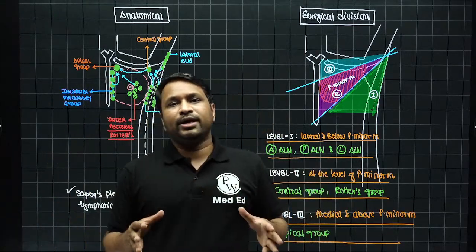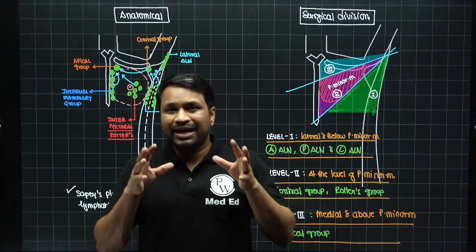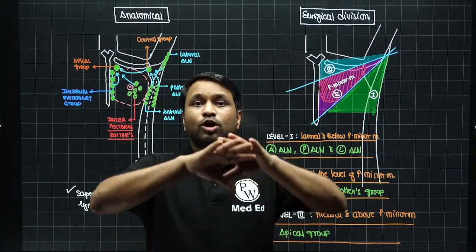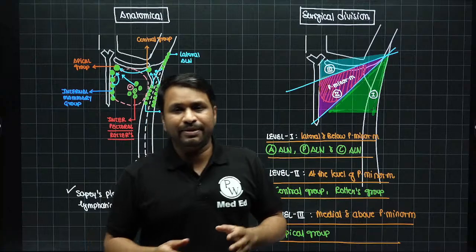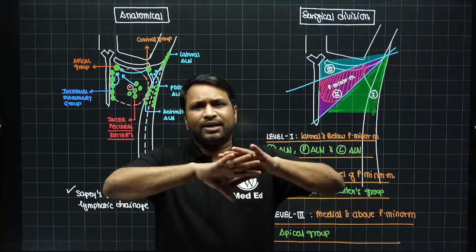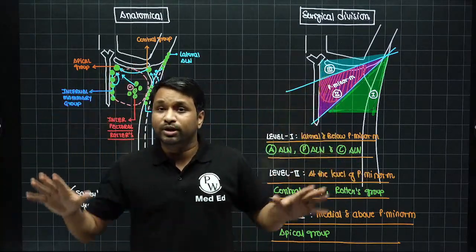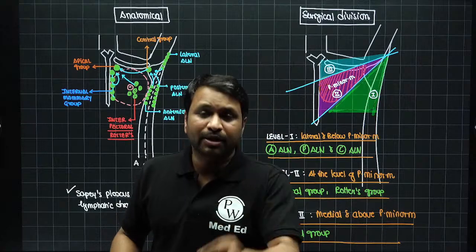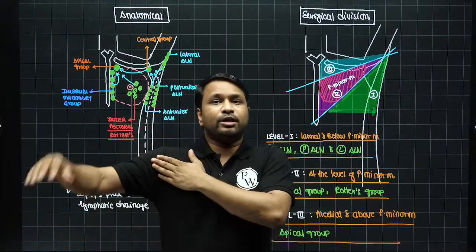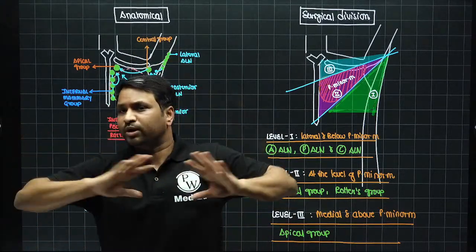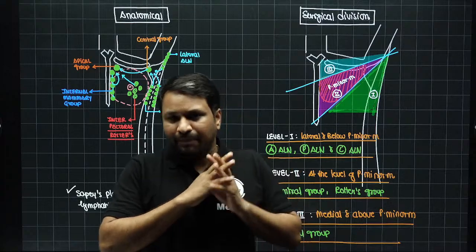Now, whenever you give radiation, it not only ablates that particular tissue, it also causes peritissue ablation. That means there's a lot of inflammation and injury that occurs around the tissue also. It is not specific to that particular area. If you give radiotherapy into the axilla, no doubt it will kill the lymph nodes. It will absolutely burn them out.